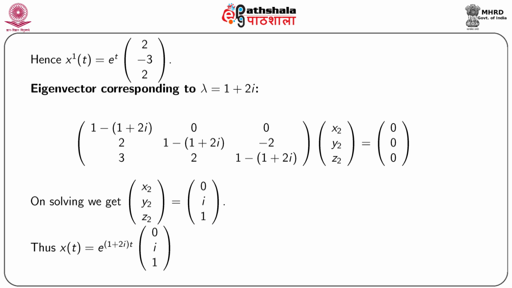Once again, we point out that for lambda equal to 1 plus 2i, the eigenvector is not unique. You can choose any values of x2, y2, z2 satisfying the above equation. Hence, the solution in this case, x2(t), is equal to e to the power (1 plus 2i)t multiplied by [0; i; 1].